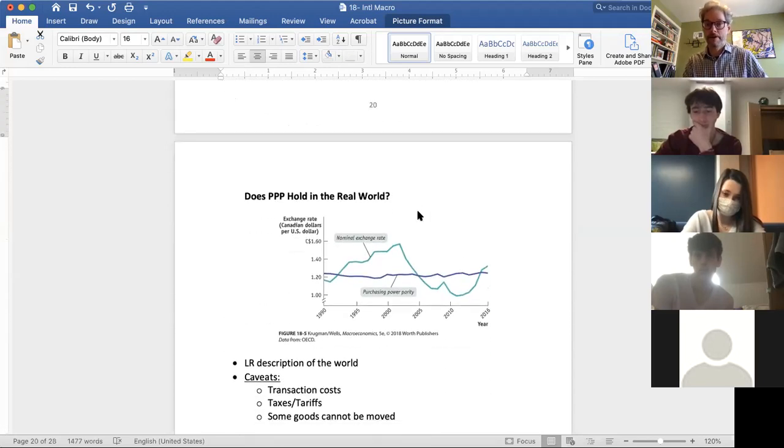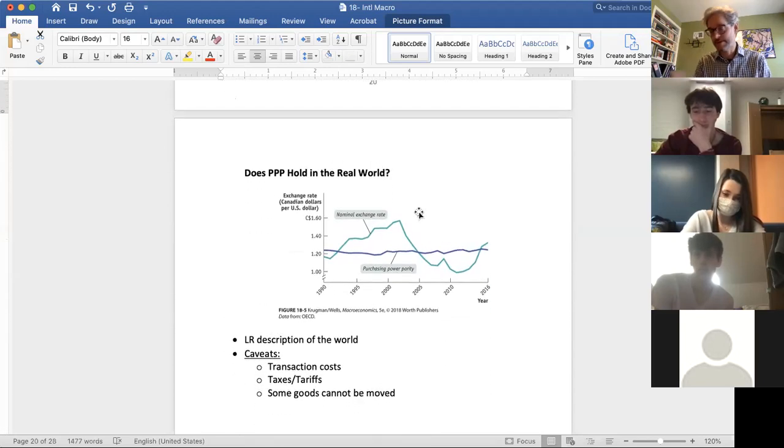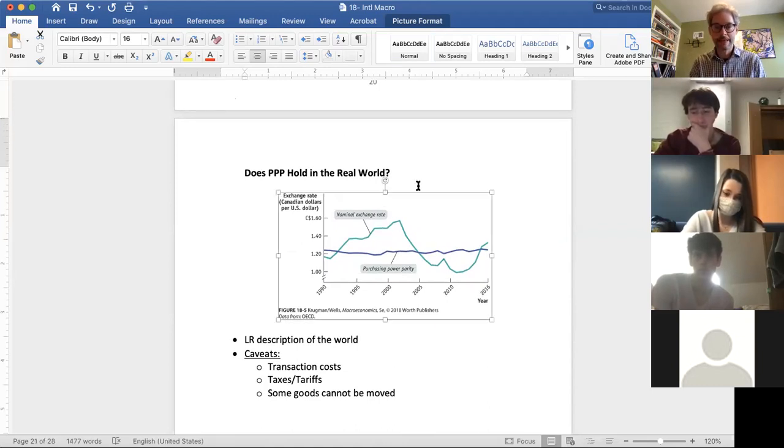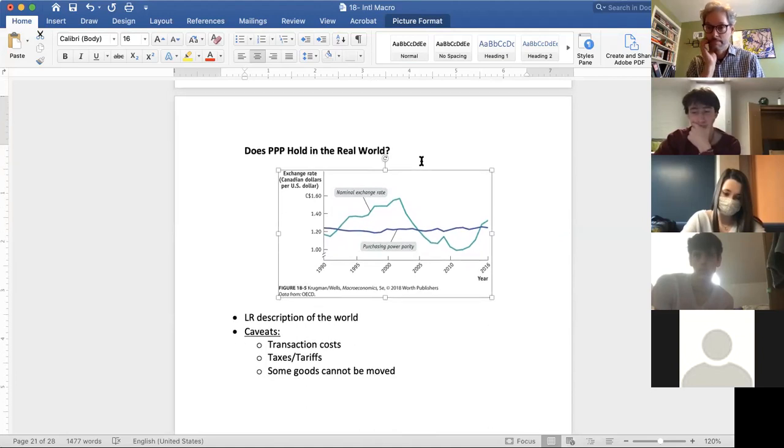Does purchasing power parity hold in the real world? Is it true that the price of similar goods are the same across countries? Well, yes, but not perfectly. Here's the Canadian dollar versus the US dollar. Notice that the nominal exchange rate is moving all over the place.